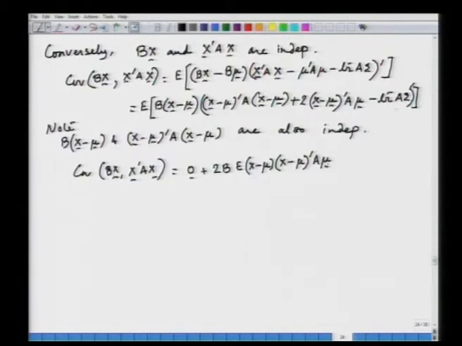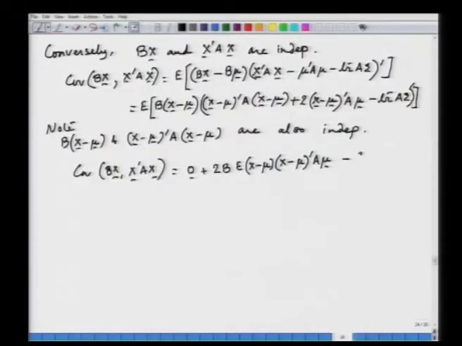This is the only stochastic part, and as I take the expectation on it, it is going to be null. So this part is null, and I had started with these two being independent, so this is equal to 0.